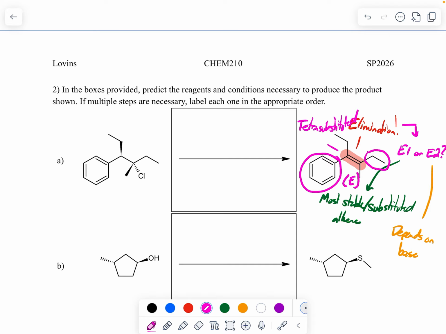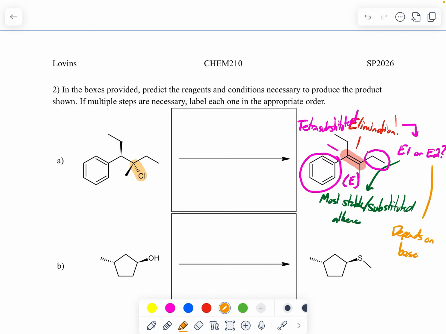The other thing to notice, though, is you may ask, well, what if I did an E2, but I utilized a Zaitsev base to give me the most substituted alkene? Well, in this situation, that actually wouldn't work. Notice that the other thing about E2 is that if we look at what our leaving group is doing, our leaving group is currently on a dash.